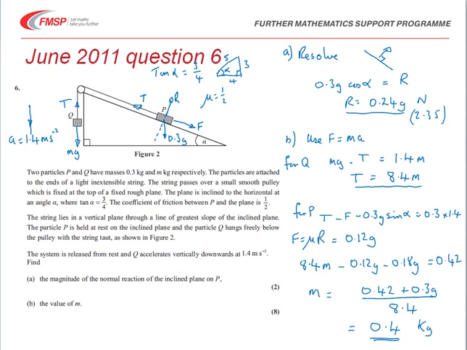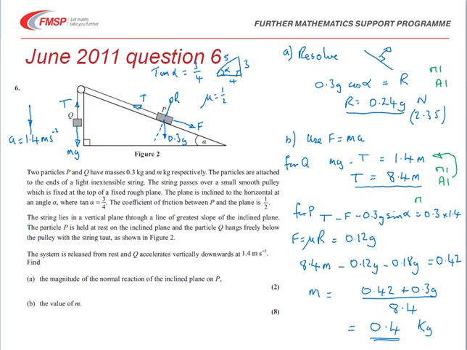Alright, finally looking at the mark allocation for that question. The first part of the question, there's simply an M1 and A1 for the resolving and getting a value of R of 0.24 g. The second part of the question, the use of F equals MA for Q was a method and accuracy mark. The accuracy mark actually is obtained at this point here, as soon as you've used the equation correctly.